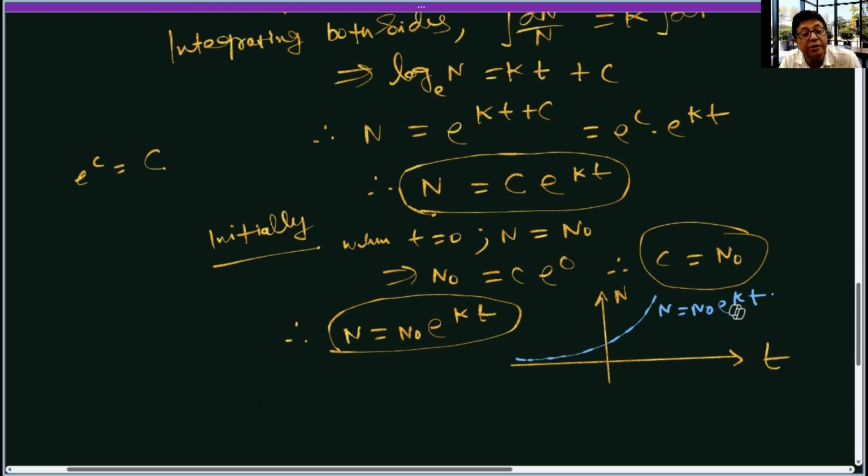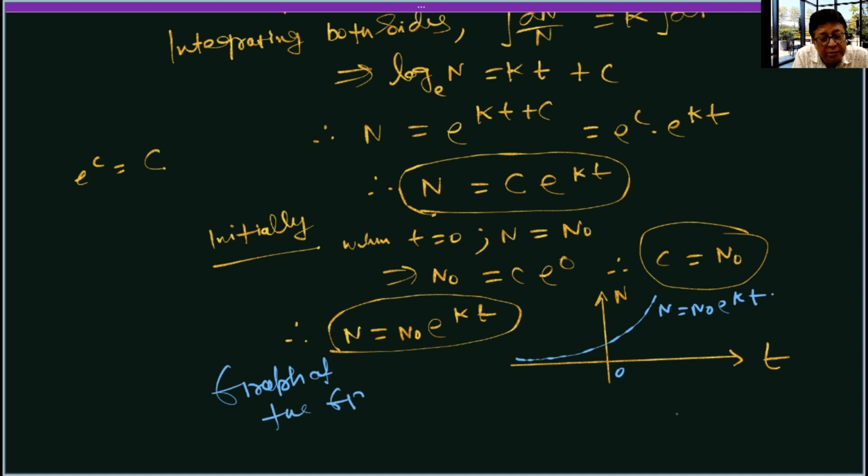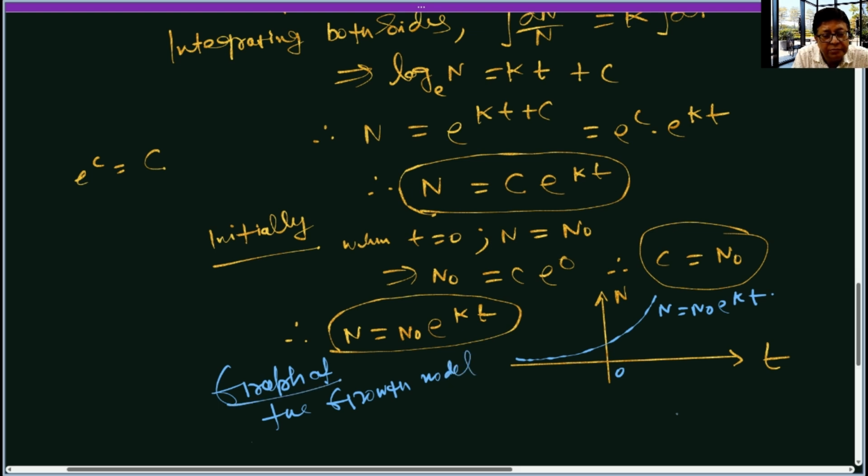This is the growth model, the graph for that. This is the graph of the growth model, and this is the equation available for the growth model.